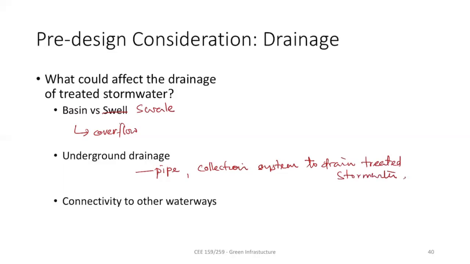Okay, so this is again infrastructure design that will add to cost, but you've got to think of that, and that all depends on the soil type. If you don't have a high infiltration capacity soil, which is the case most of the time, you've got to have a pipe there.